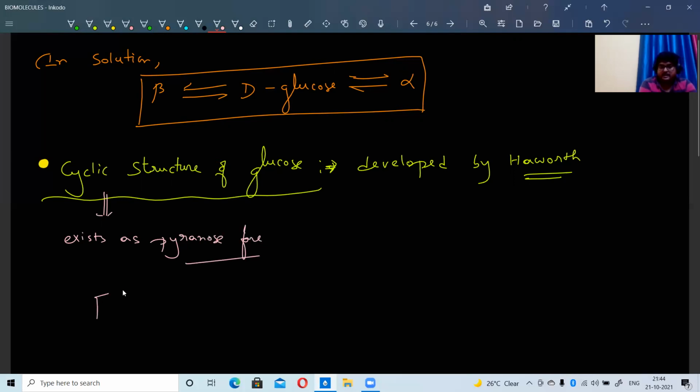Pyran looks like this way. This is the structure of pyran.